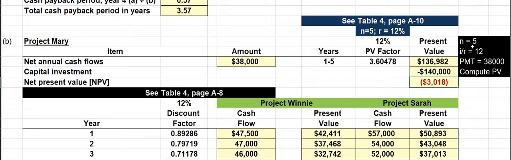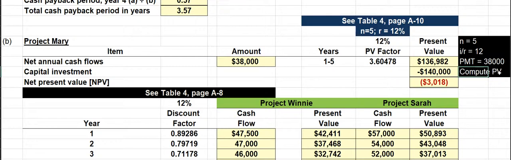If you are using your calculator, which is a lot faster than using the tables, then you would make sure you have the time value of money function, and n would be 5. The interest rate would be 12%. The payment would be $38,000, and then you would compute the present value.